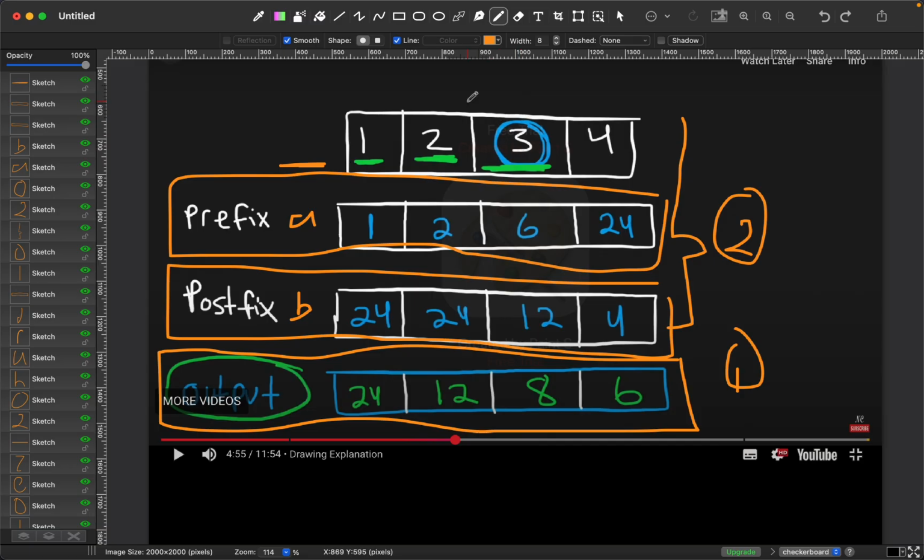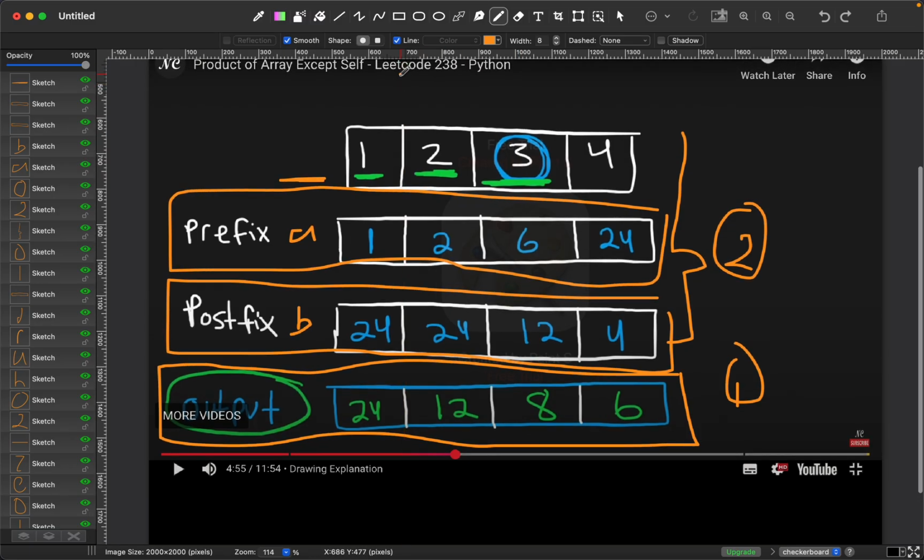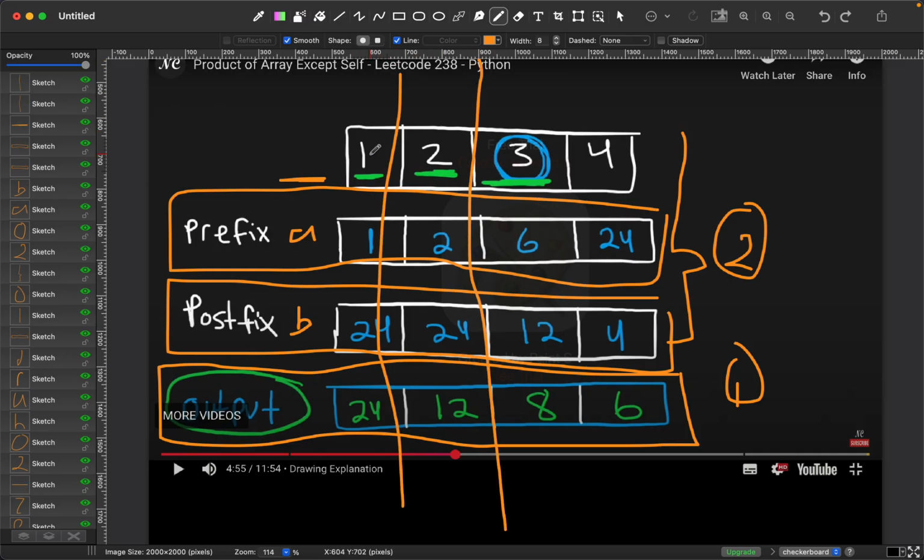Remember how we started off by saying that we draw this imaginary line and calculate all the values outside of 2. So now we know how pre and post work. Pre is calculating all the byproduct all the way here, and post is calculating all the right side values, right?